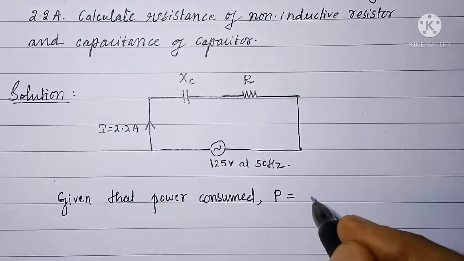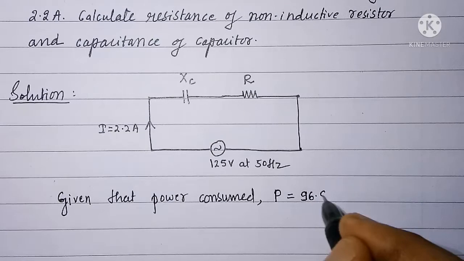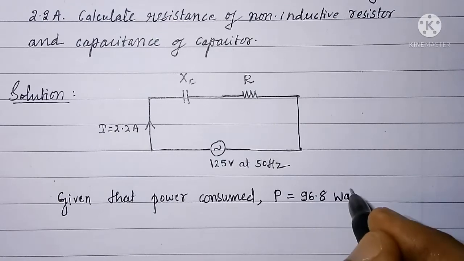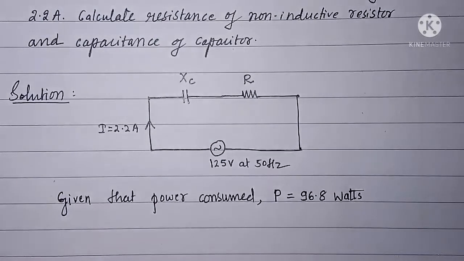P is equal to 96.8 watts. We know that P is calculated as V into I into cos phi.